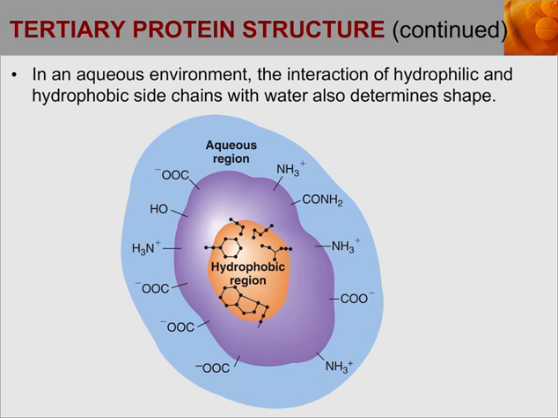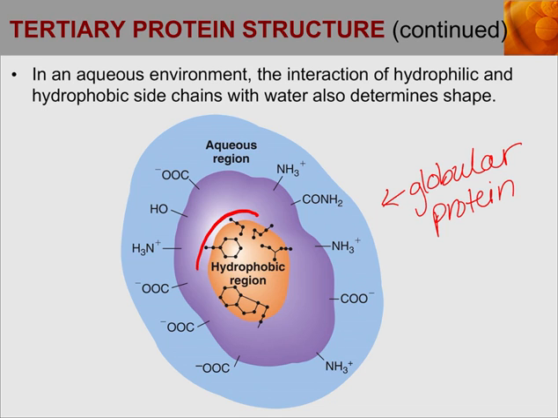So in an aqueous environment, again, we have hydrophobic side chains, so non-polar side chains. And then we have hydrophilic side chains, so they could be polar side chains or side chains that have a positive or negative charge, so acidic or basic side chains. So that can also determine the tertiary structure. For instance, we could end up with a globular protein due to these different interactions with water.